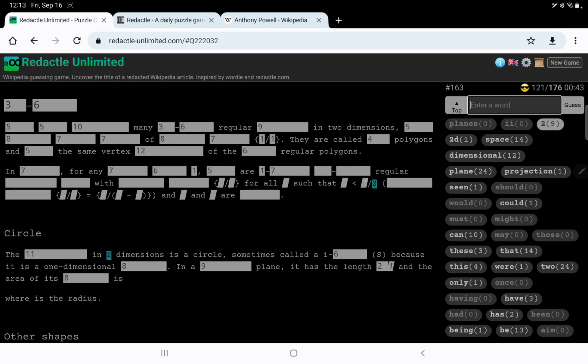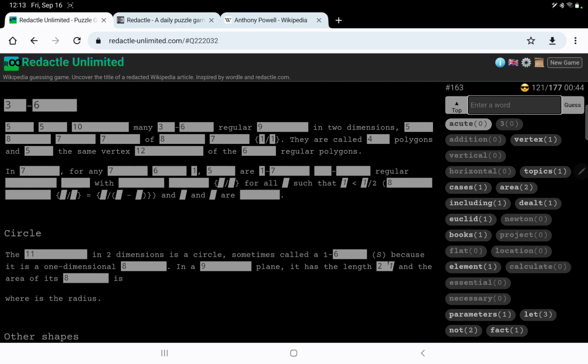Oh yeah, such that something is less than something divided by 2. Oh, is this going to be acute? No. And obtuse? No. They are called 4 polygons.